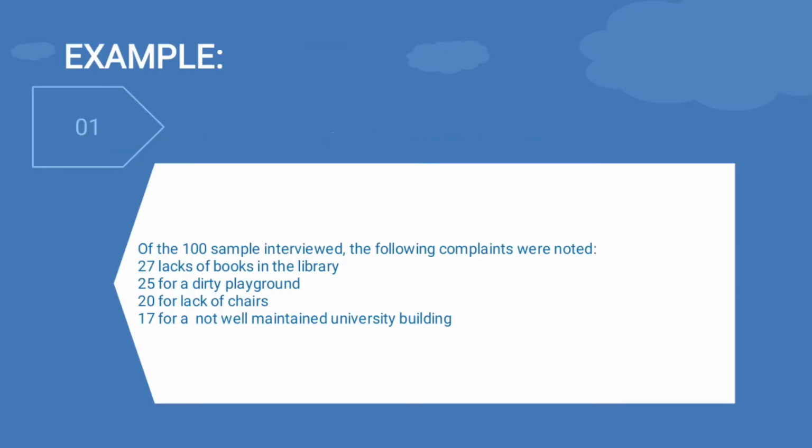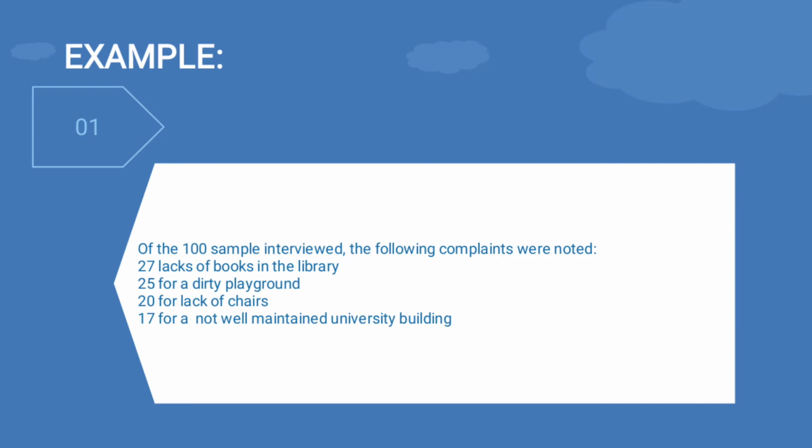Of a textual presentation. Of the 100 samples interviewed, the following complaints were noted: 27 for lack of books in the library, 25 for a dirty playground, 20 for lack of chairs, and 17 for a not well-maintained university building.